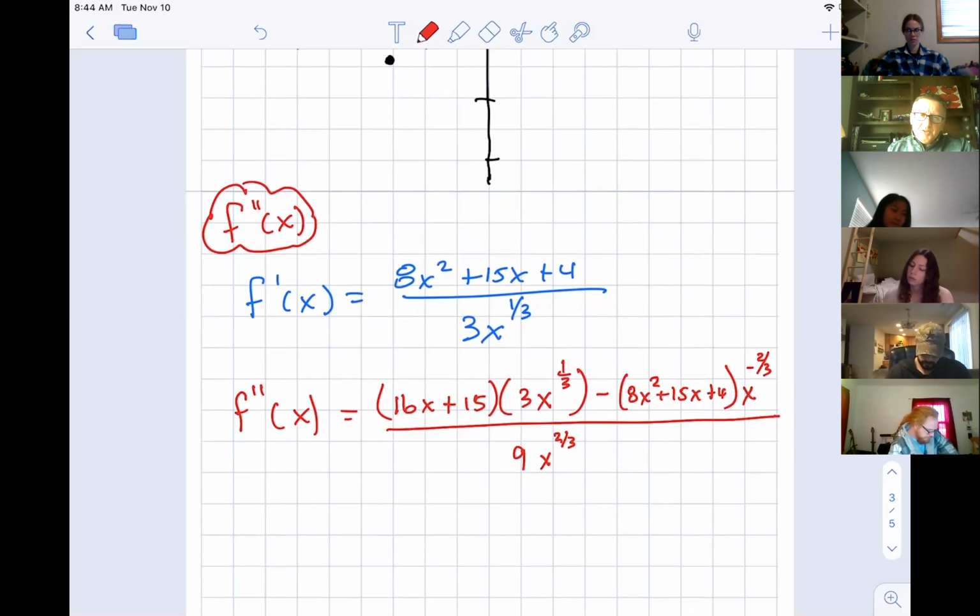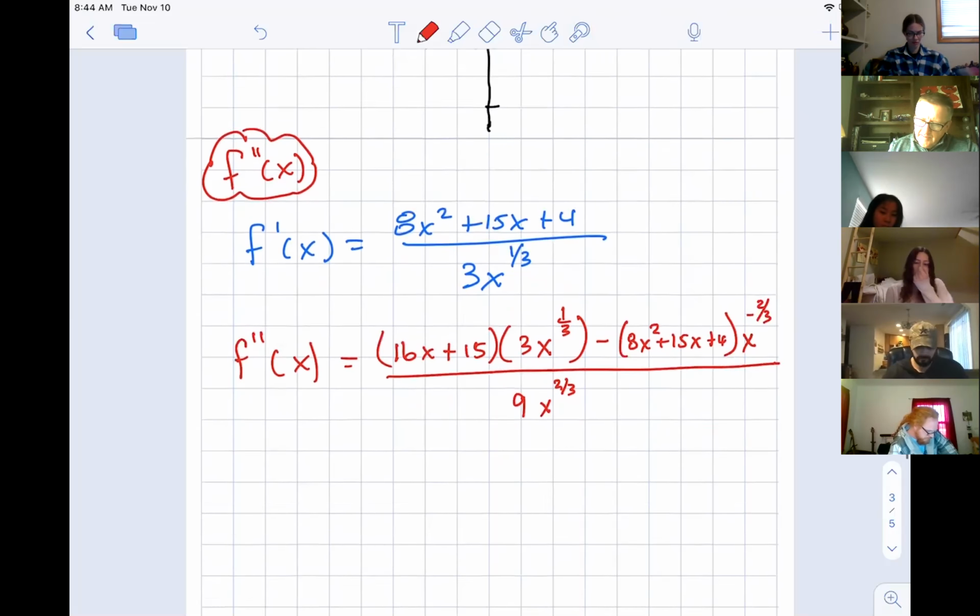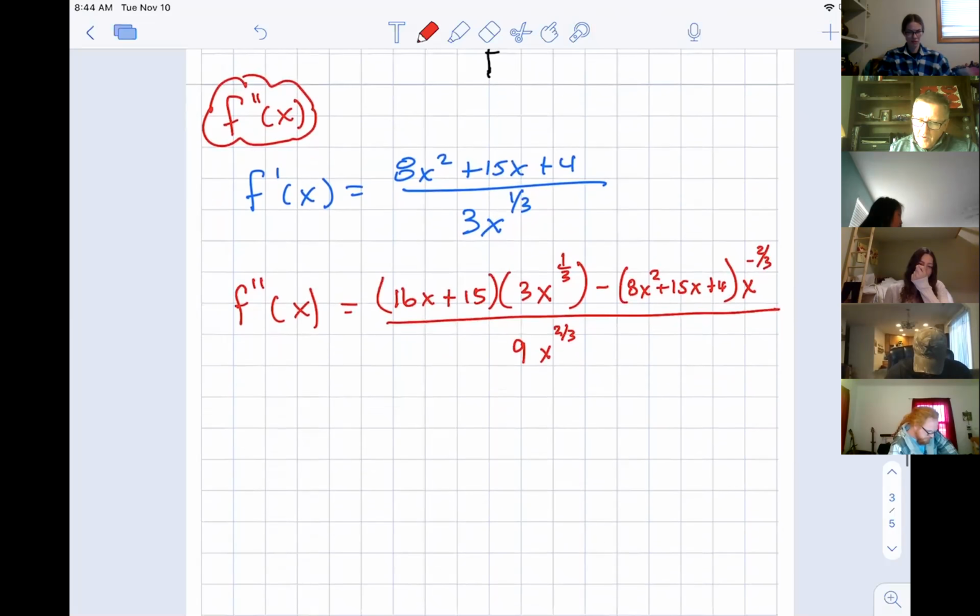But I'm after inflection points, which is where this is equal to 0. Now, again, I don't want to set this equal to 0 now because it's a terrifying looking equation, although I certainly could and begin doing algebra from there. But I'd like to again invite you to think about, what could I multiply the top and the bottom of that by that would get rid of all this nastiness on top?